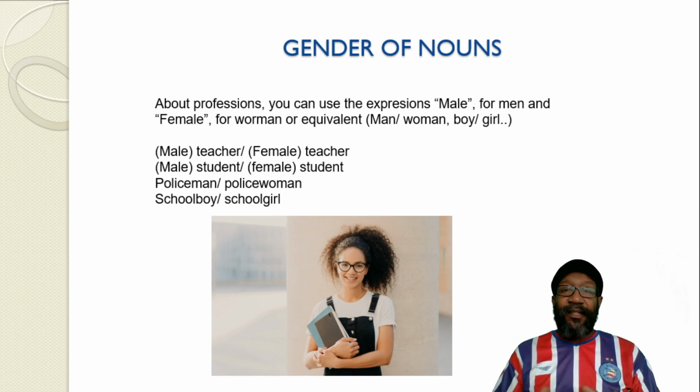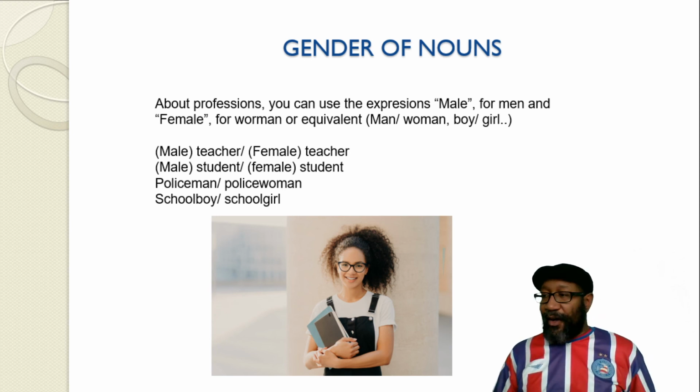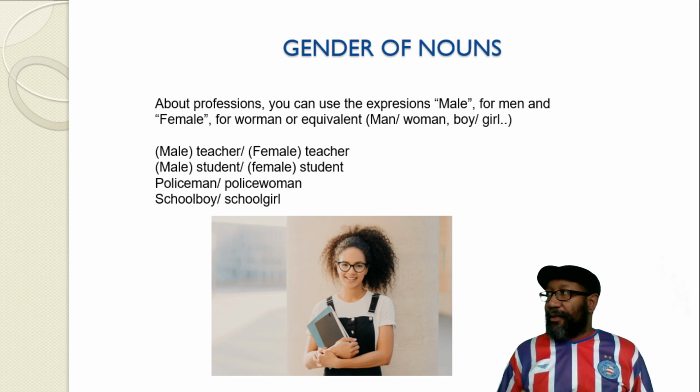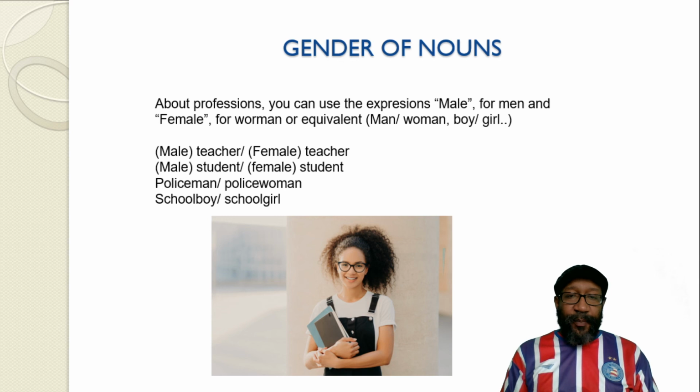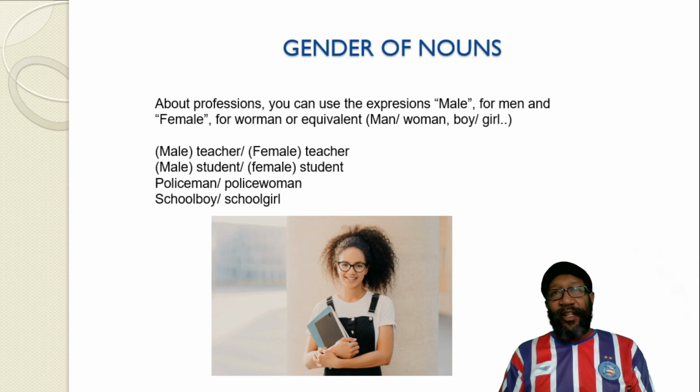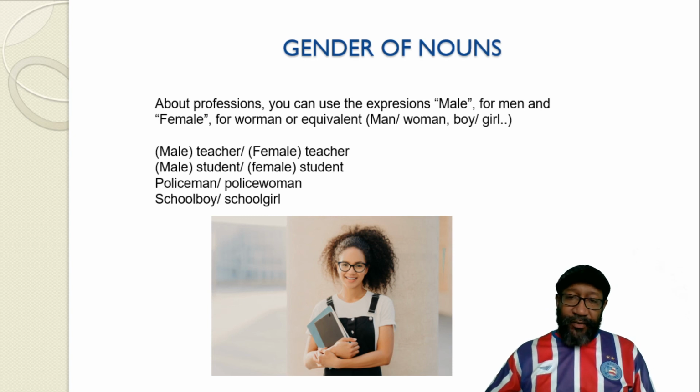Of course, these things about gender depend on the person. The person is what he or she identifies with. That's a fact. Policeman, police officer, of course, but we don't have to ignore the influence of society on it.